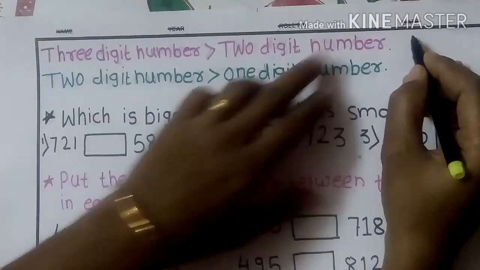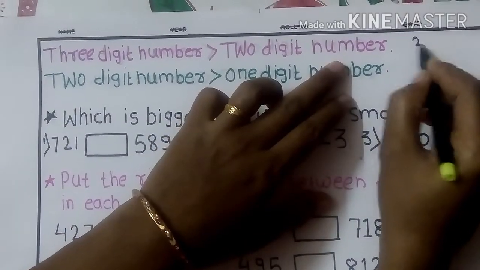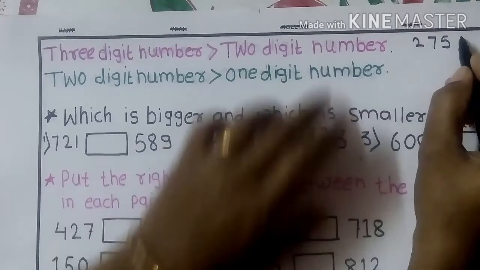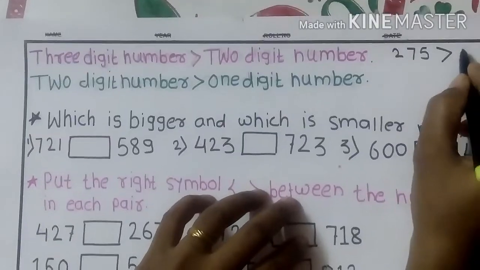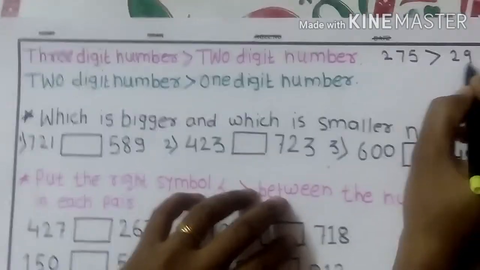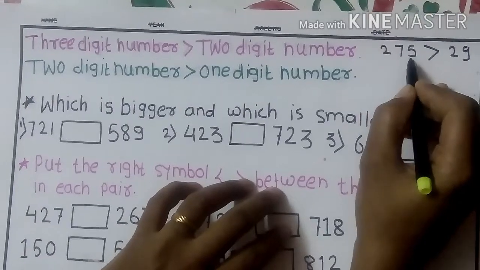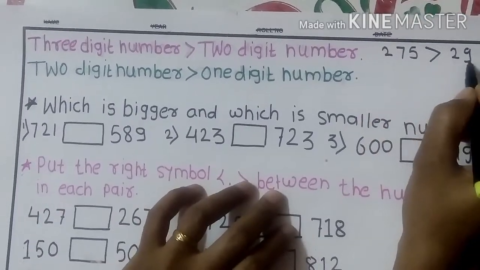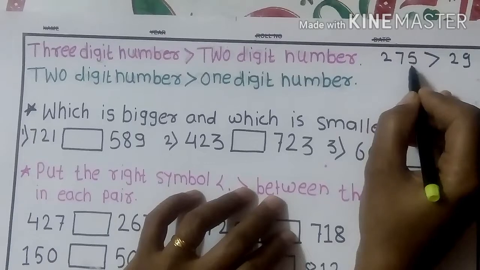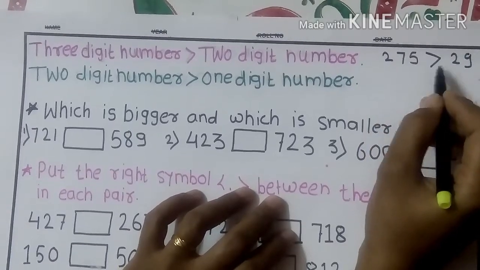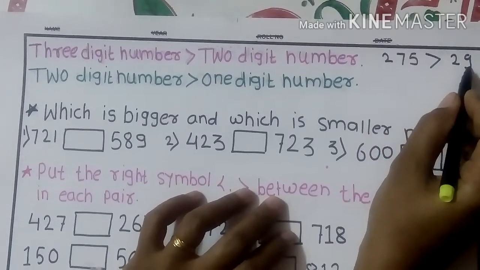For example, 275 is always bigger than 29. This is a 3-digit number and this is a 2-digit number. A 3-digit number is always bigger than a 2-digit number.